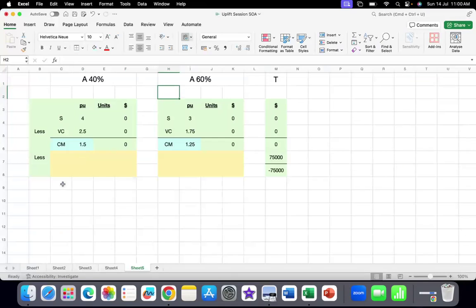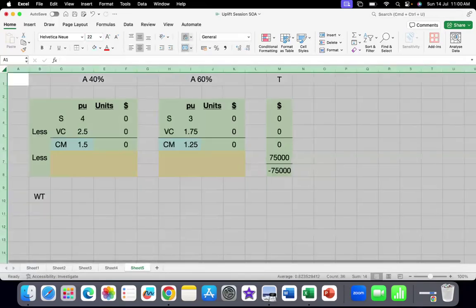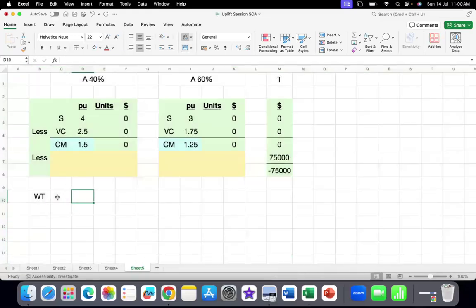So what is the weighted contribution margin? Just give me a moment, please. Okay, so the weighted contribution margin would be 1.5 multiplied by the ratio, which is 40%. And right here, it would be 1.25 multiplied by 60%.